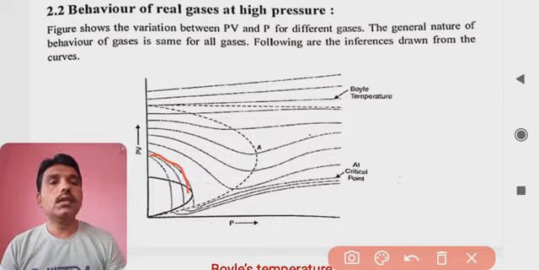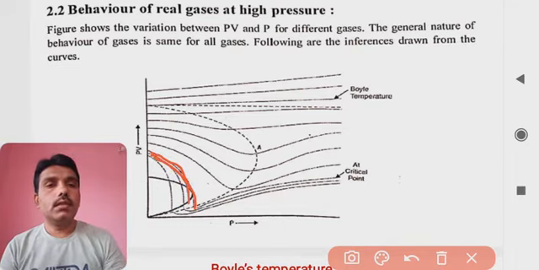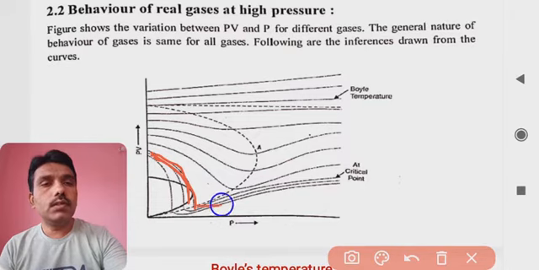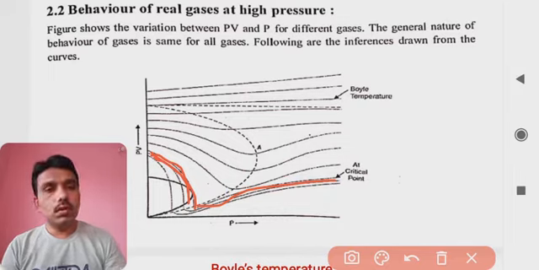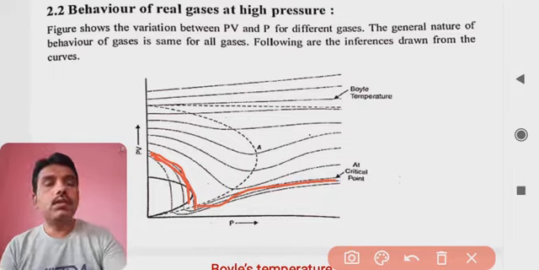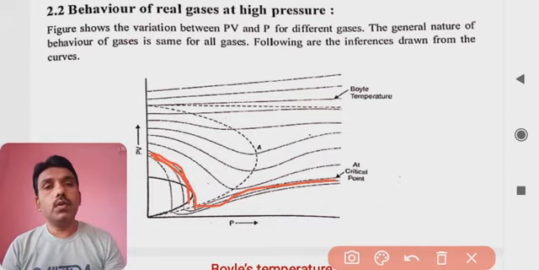This continues at the lower temperature until it attains a certain value, and then afterwards it goes on increasing gradually with P. So PV decreases with P, but at lower temperature.